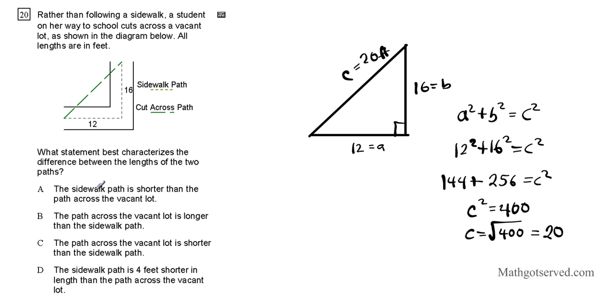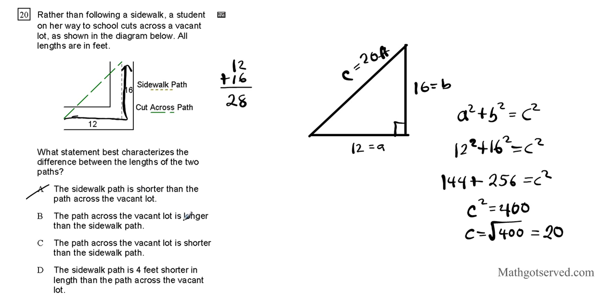Now, it says the sidewalk path is shorter than the path across the vacant lot. So let's add these two. 12 plus 12 plus 16. If I wanted to go along the sidewalk, I'm going to have to add these two together. 12 plus 16, which is 28. That's false. It's longer.